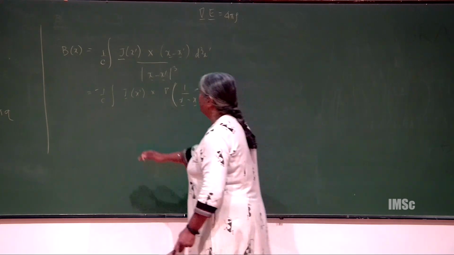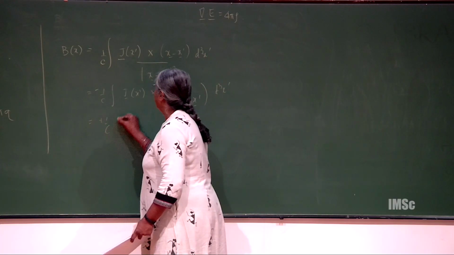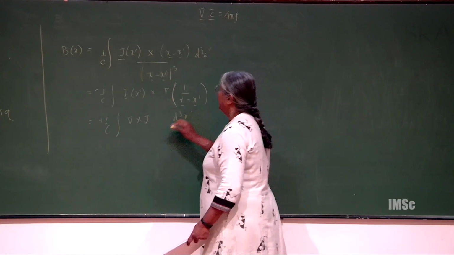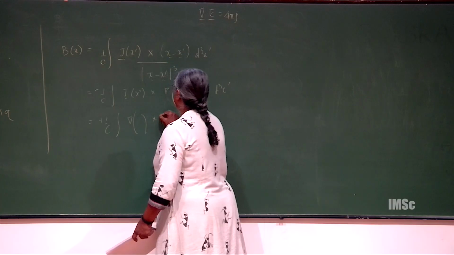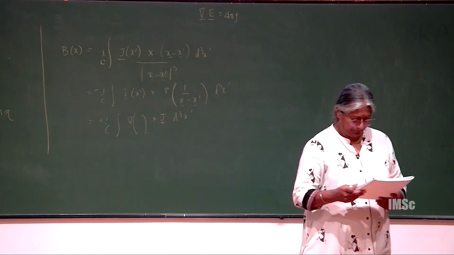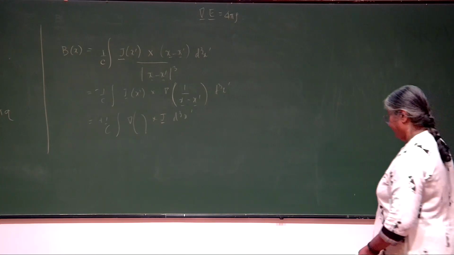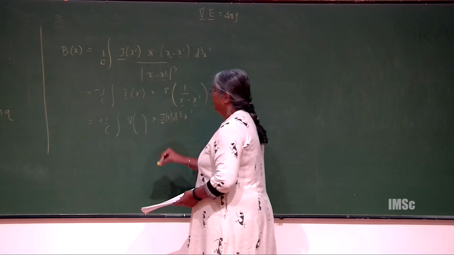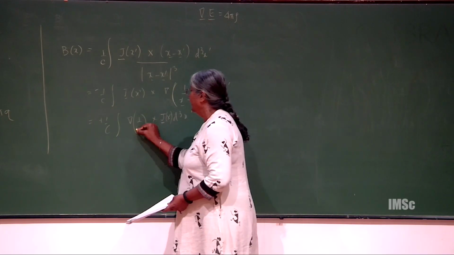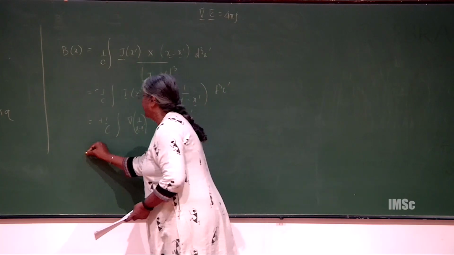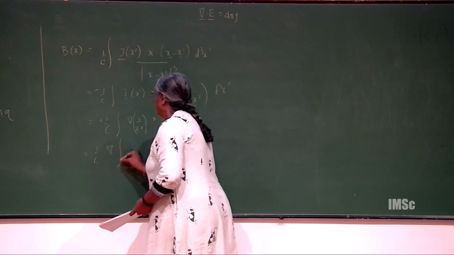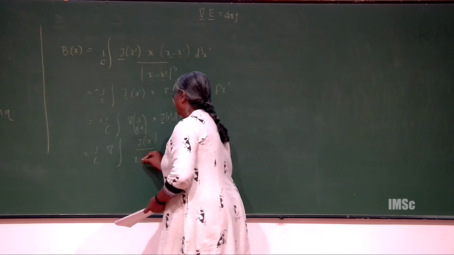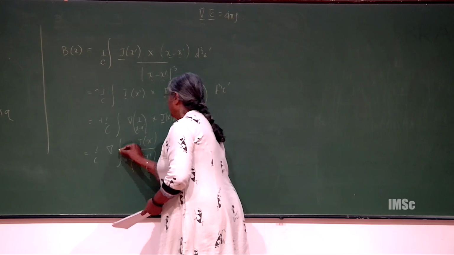And I can remove the minus sign by putting, right, del is acting on, right? Now this j is a function of x prime. Only del has x minus x prime, right? So I can write this as, because it doesn't care about this, right? Sorry, cross.